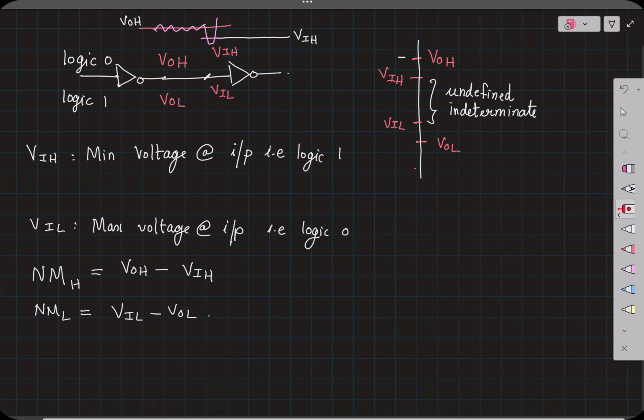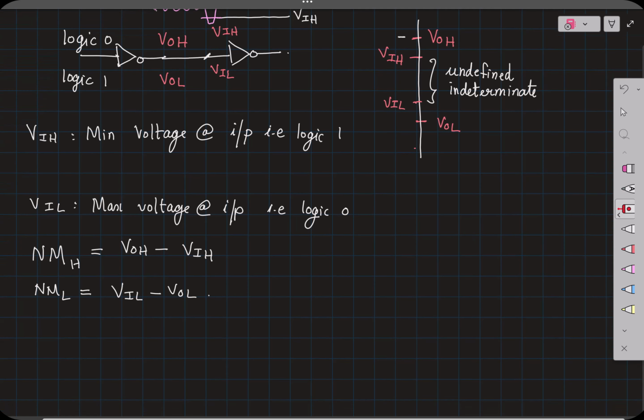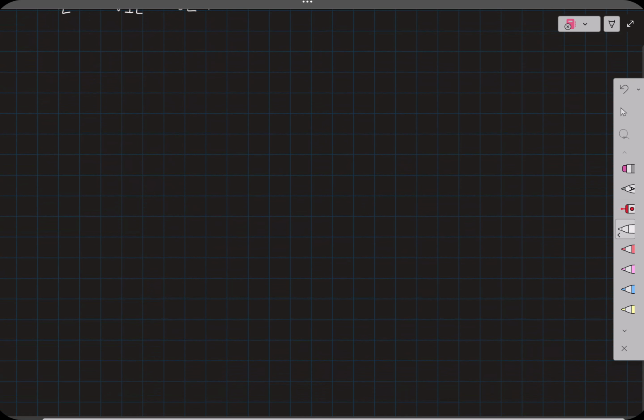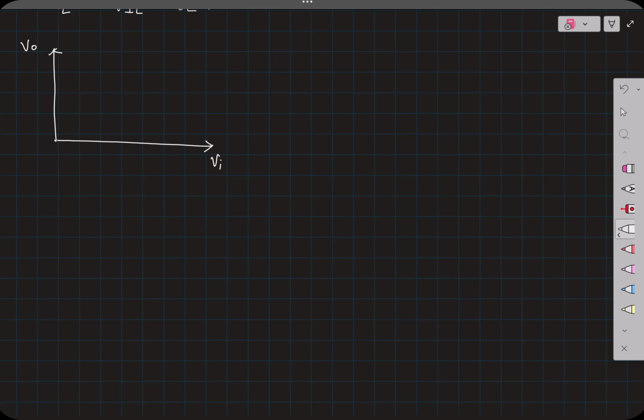All right, so now with this information in hand, I'm going to give you 4 more VTCs, and then you can tell me if there is a VTC that you would prefer among all the 4. In all of these cases, we are looking at V0 versus Vin, the output of the CMOS inverter versus the input of the CMOS inverter. Let's say I take our previous VTC.